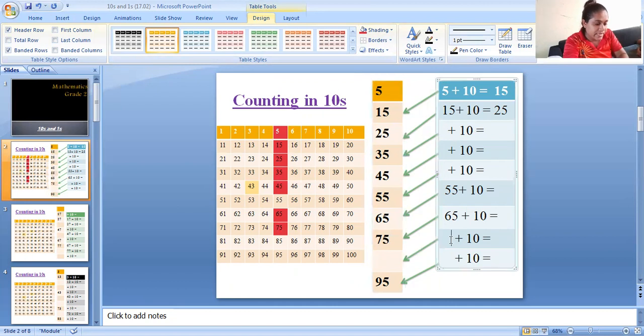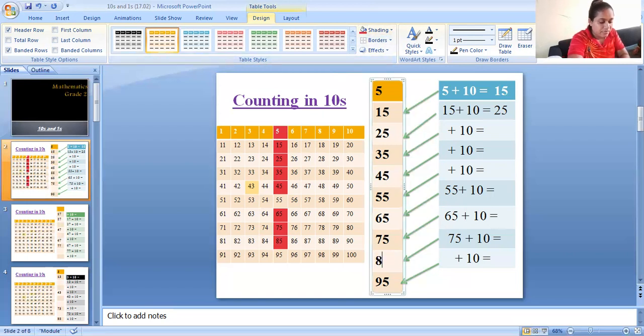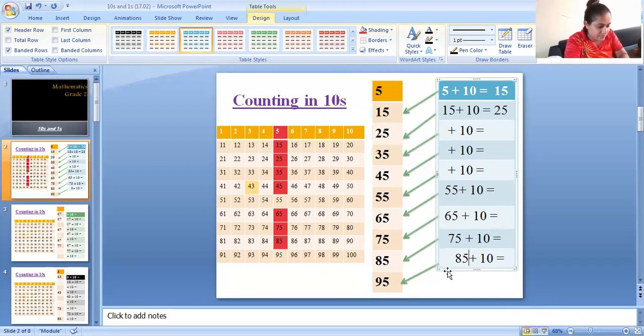75 plus 10. I want to find the answer. What is it? Let's see. 1, 2, 3, 4, 5, 6, 7, 8, 9, 10. 75 plus 10 is 85. Let's check whether I have written correct answers. Here it should come 85 plus 10.